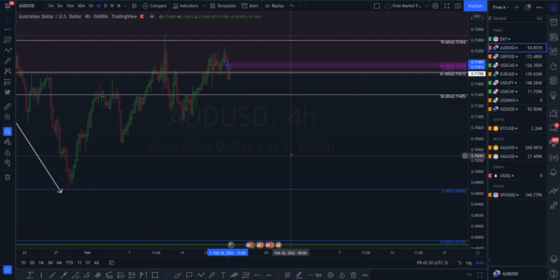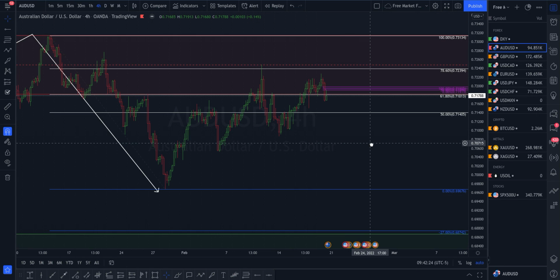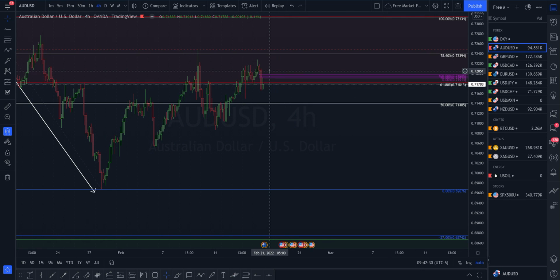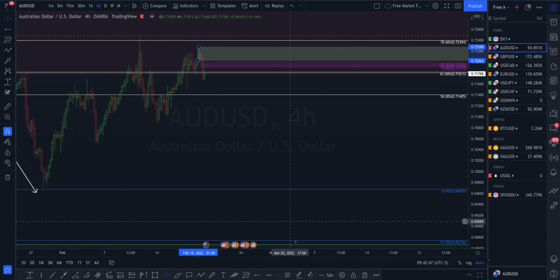All right, guys, I like to look for imbalance. Okay. That imbalance was filled. That imbalance was filled. So we have imbalance that needs to be filled here on the upside. All right. We do have a rally base drop right here. So let's just grab that, make that supply.